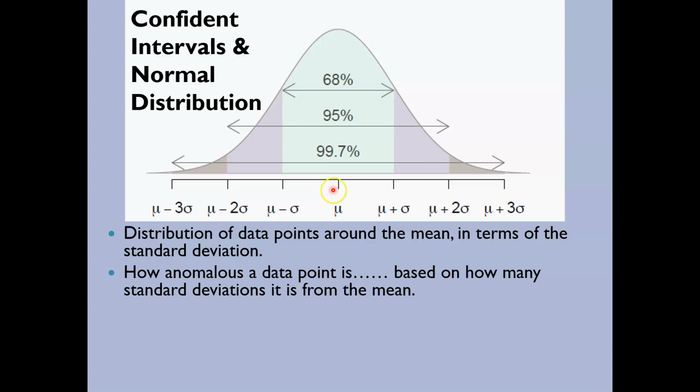And what we are doing over here is calculating confidence intervals around that particular mean, right? So if you add or subtract a single standard deviation from and to the mean, you are looking at a 68% confidence interval around the mean, right?